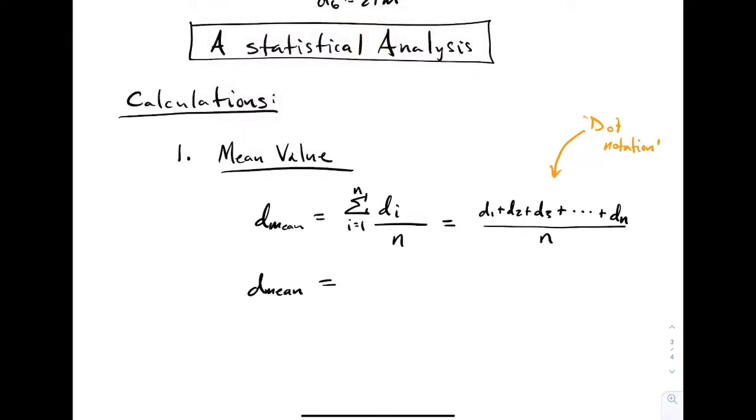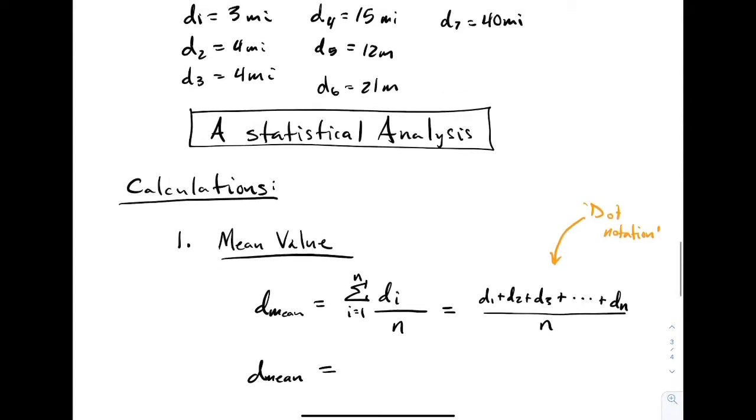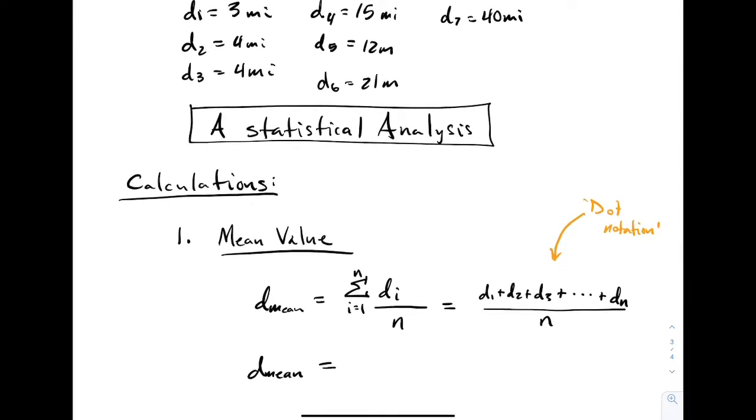Now we'll substitute our values, and so we'll go ahead and input these distances. So we'll have the 3 miles plus 4 miles, and I'll just add them all together. This is the part in class where I would race the calculators, and often I would beat the calculators, and sometimes I would be pretty close to the answer, so it's all fun and games in person.